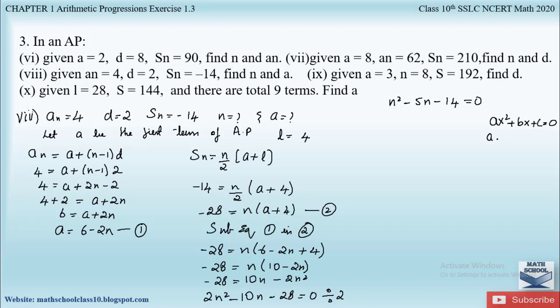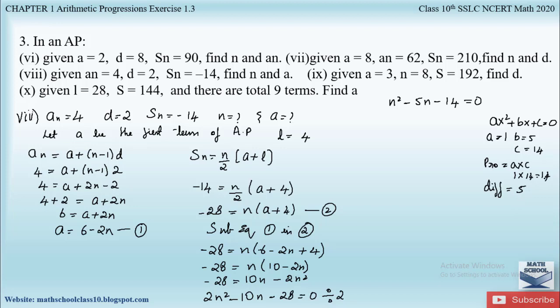What is the coefficient of a? a is equal to 1, b is equal to minus 5, and c is equal to minus 14. So our product should be a into c, 1 into 14, that is 14. Since we have minus 14 here, we will take the difference. The difference should be equal to b, that is 5.